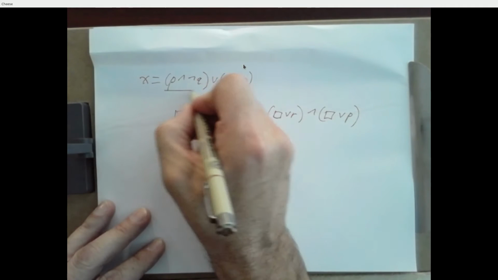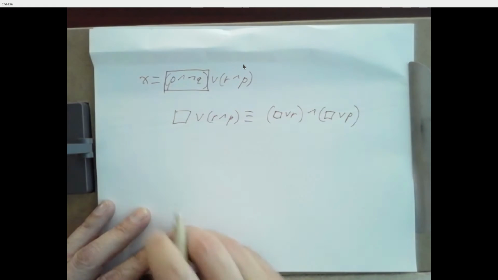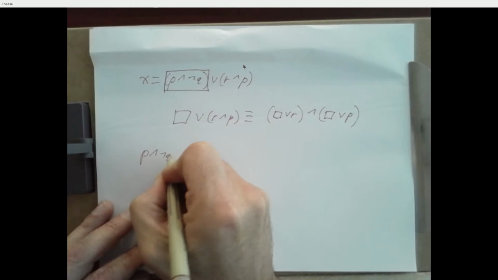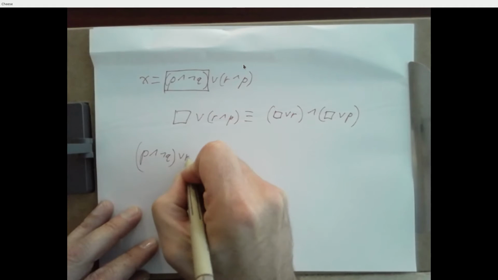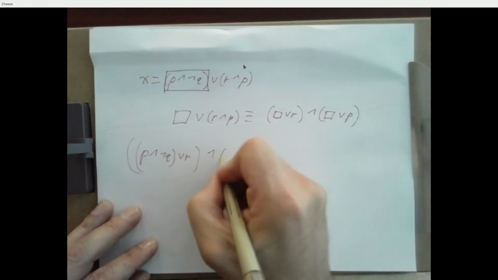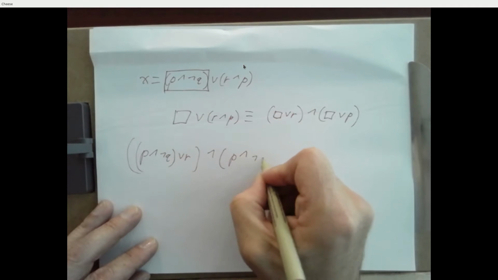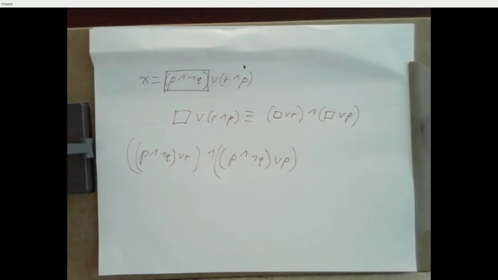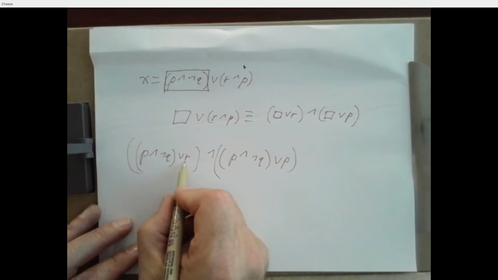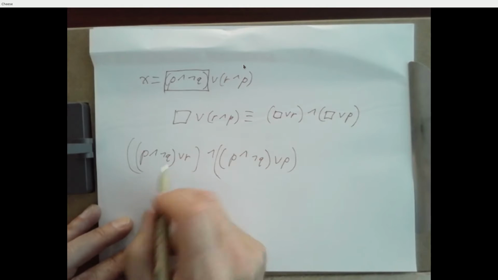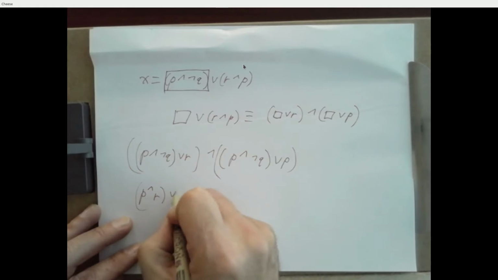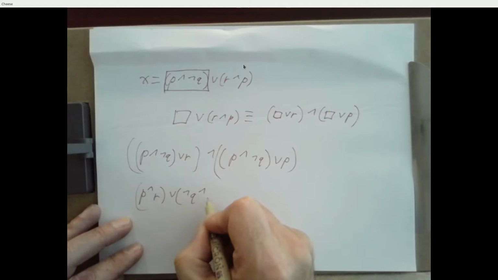The something in this case might be P and not Q. So P and not Q, ORed with R, ANDed with P and not Q, ORed with P. And we can distribute again because we have an AND with an OR. So P and not Q ORed with R is P and R, ORed with not Q and R.